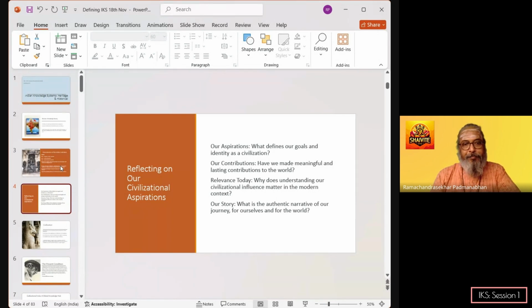So this has been an attempt to raise these questions, and seeking answers to them is very pertinent, not just to have a kind of civilizational pride, but if at all we want this to continue, if at all we want our knowledge systems to be passed on to the coming generations, not merely as a thing of antique value, because if that is the case, then it is not sustainable.